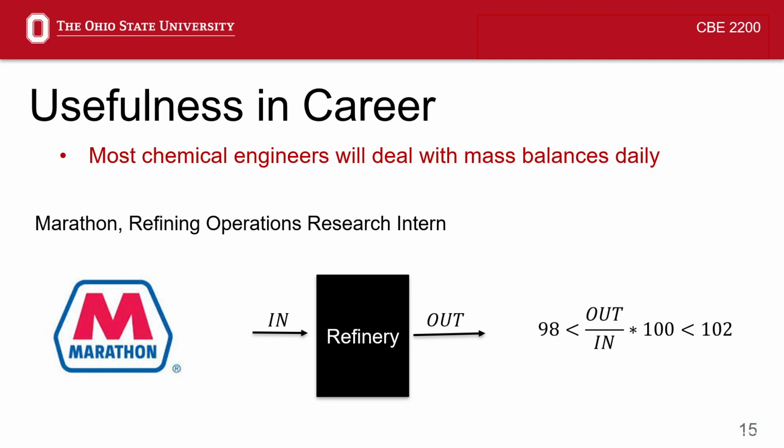So a friend of mine, a couple summers ago, was a refining operations research intern at Marathon in Findlay, Ohio. And they worked at the refinery, and they said that actually the majority of their job was dealing with mass balances. So at the refinery, after different unit operations, they'd have flow meters to determine the volumetric flow rate coming into and out of different components in their refinery.